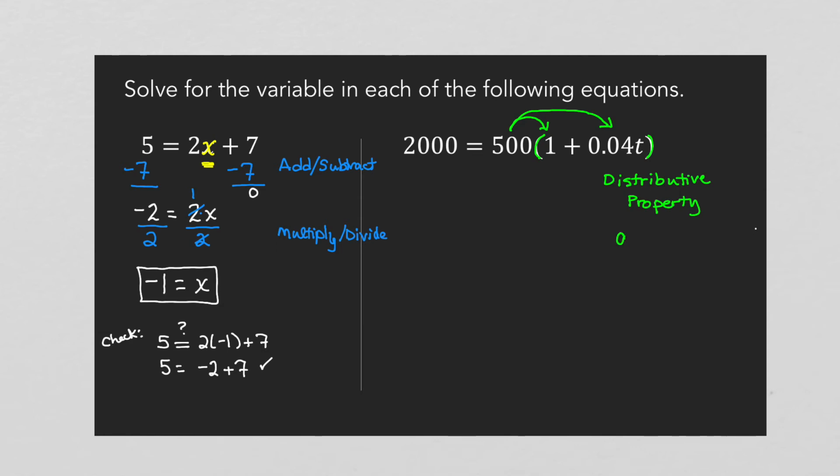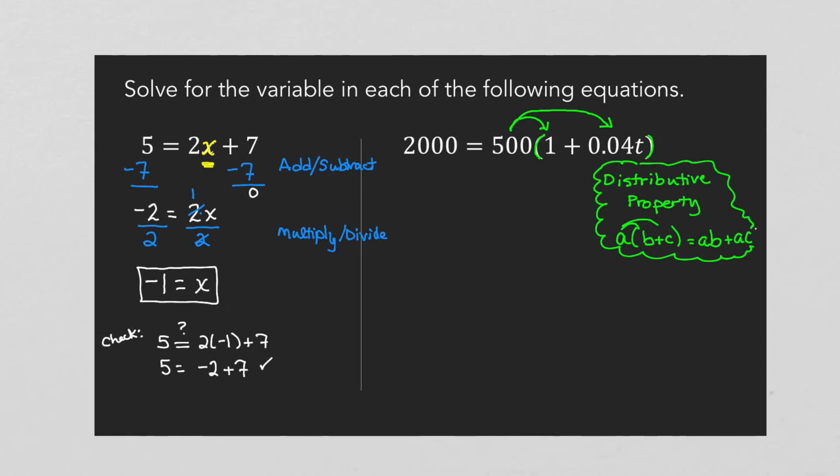You might have seen it like this: A times the quantity B plus C equals A times B plus A times C. Does that look familiar? Do you remember that from one of your earlier math classes, the distributive property? That's the one I want to apply right now.